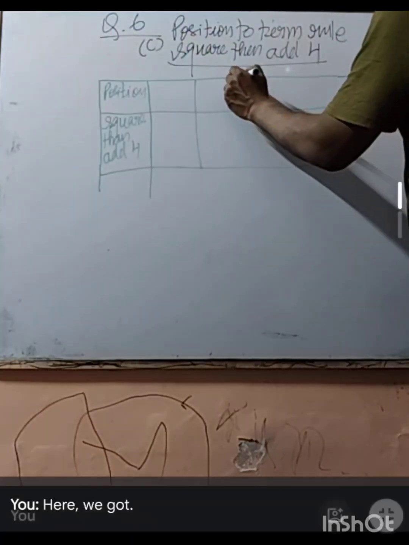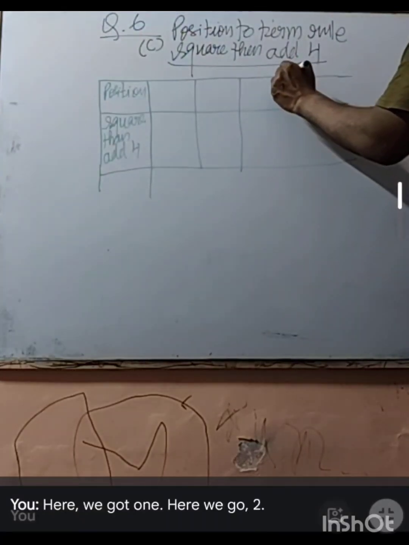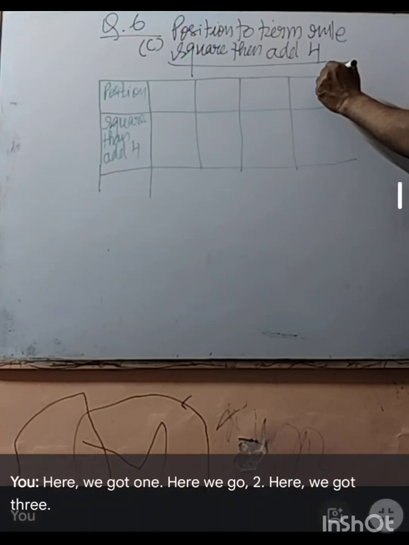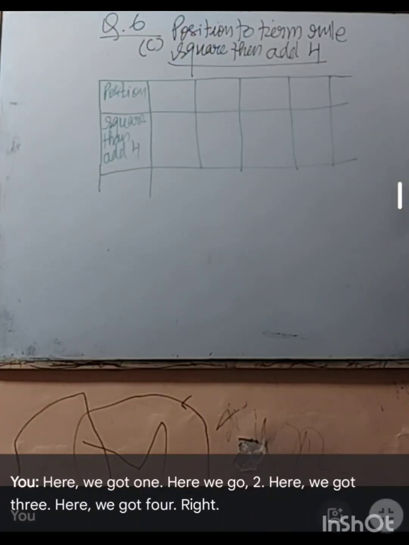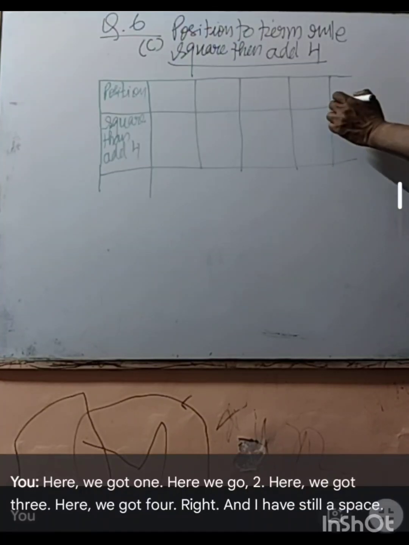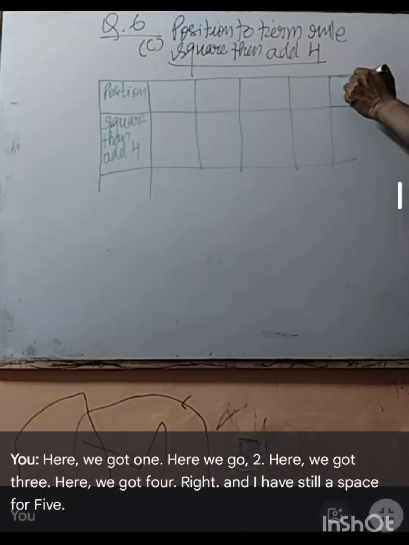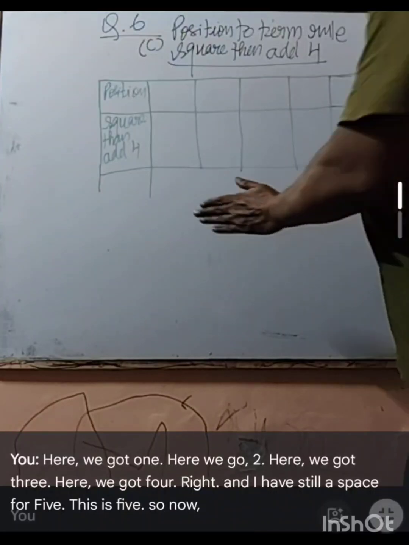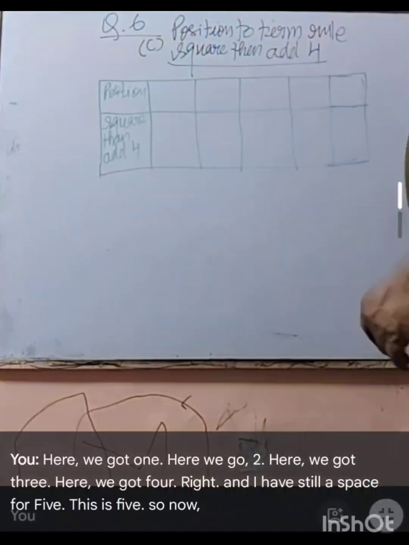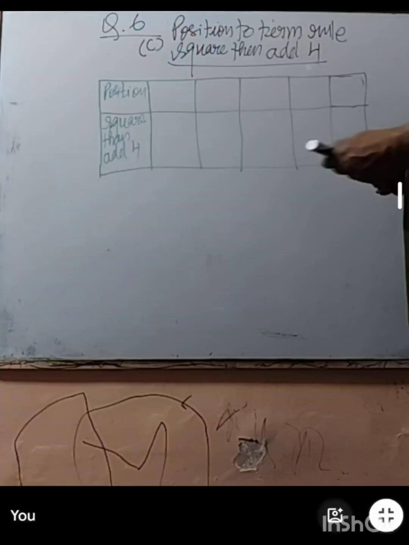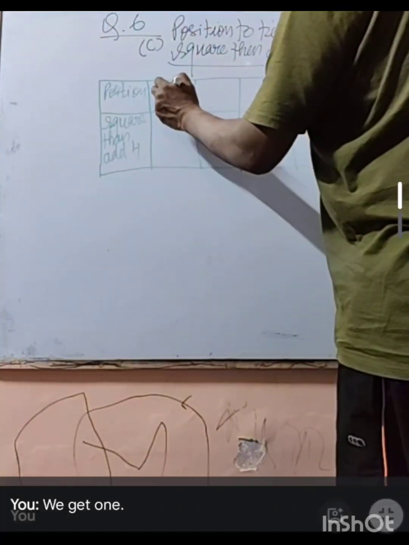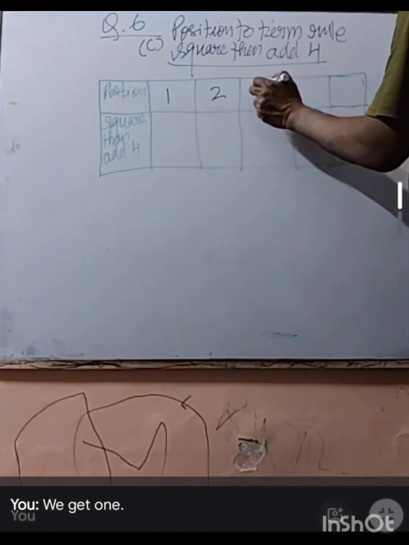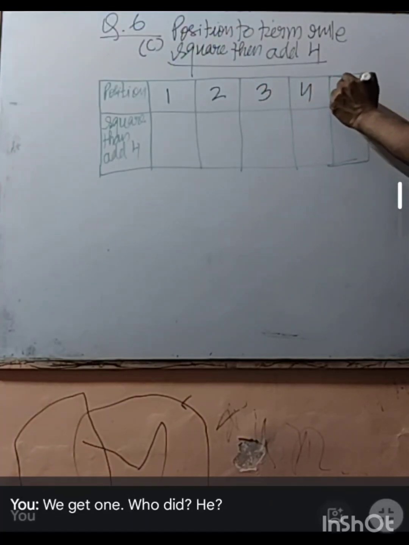Here we got 1, here we got 2, here we got 3, here we got 4, and I still have a space for 5. This is 5. So now we get 1, 2, 3, 4, and 5.